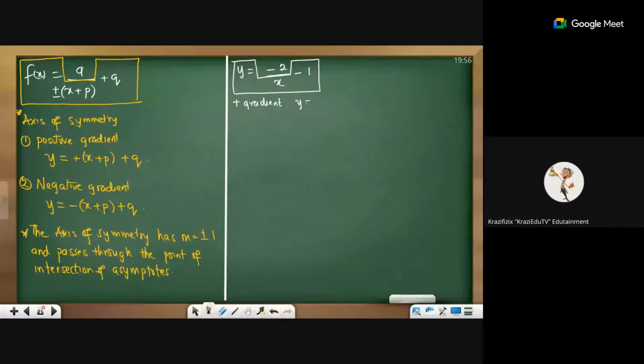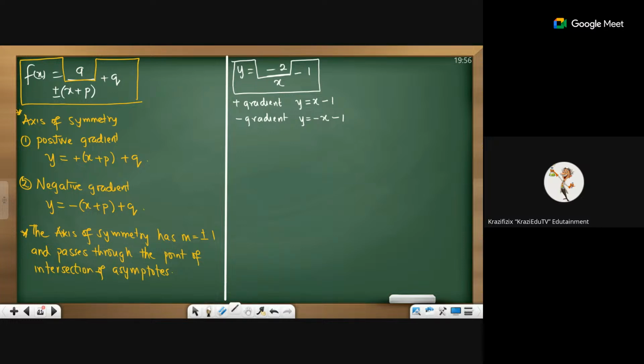Y equals x. Don't worry about the negative on top there. You don't need it. That belongs to the A. The one with the negative gradient, what will it be? I'm going to do a few things on this. Negative what? X. Y plus -1. All right?